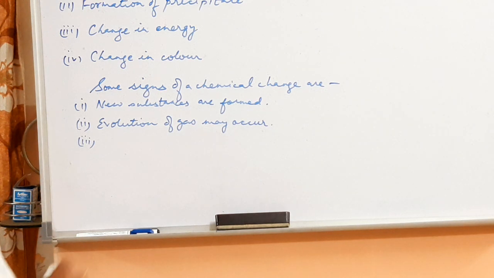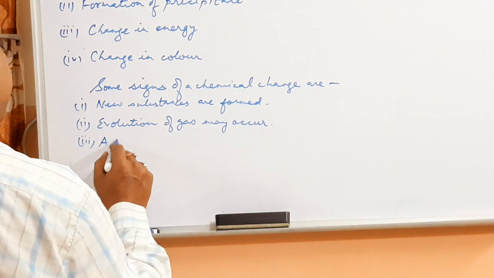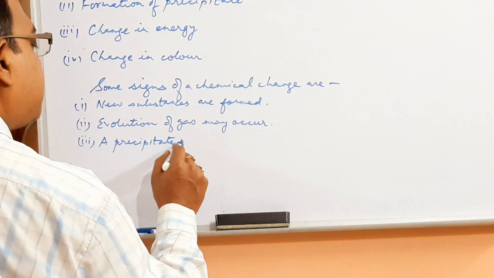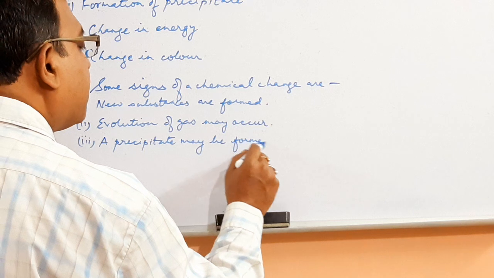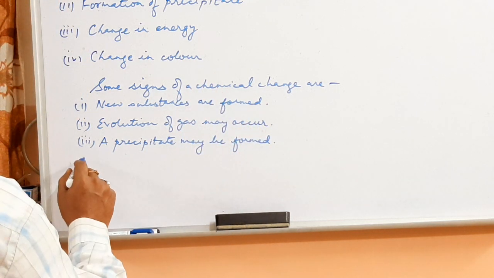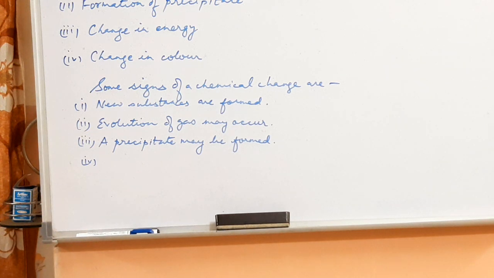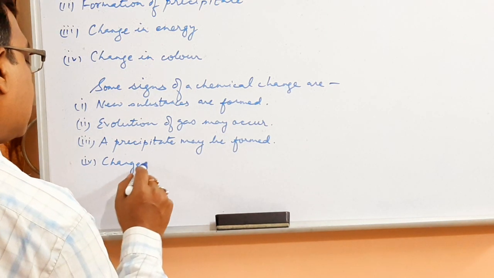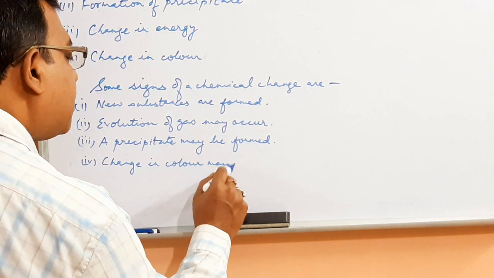Number three, a precipitate may be formed. Number four, change in color may occur.